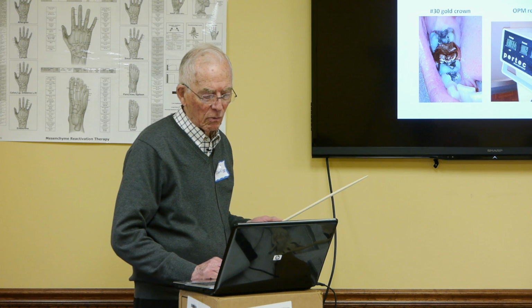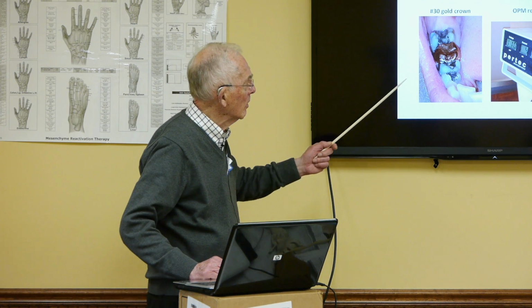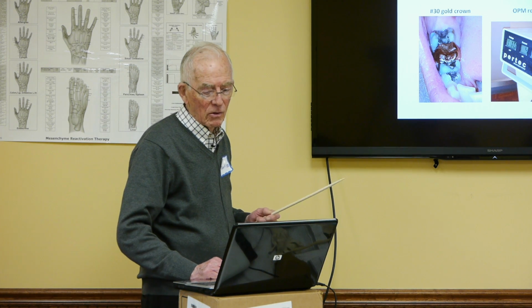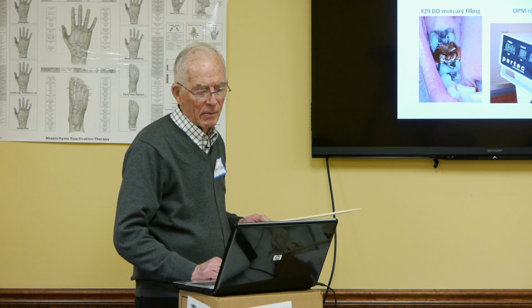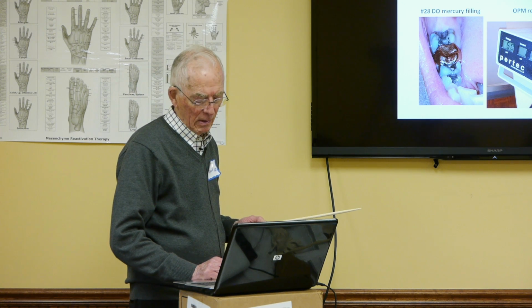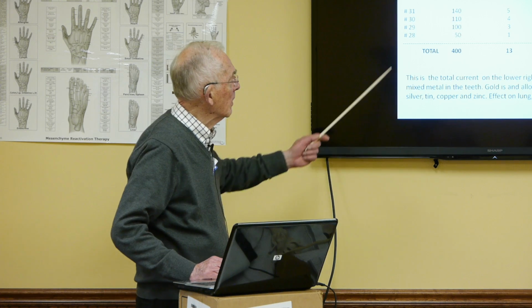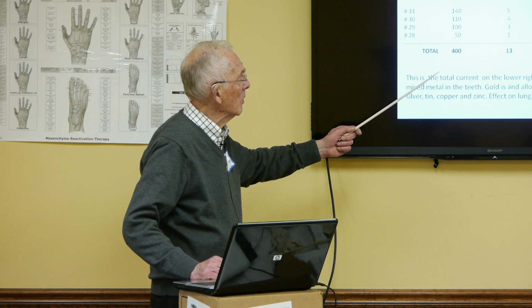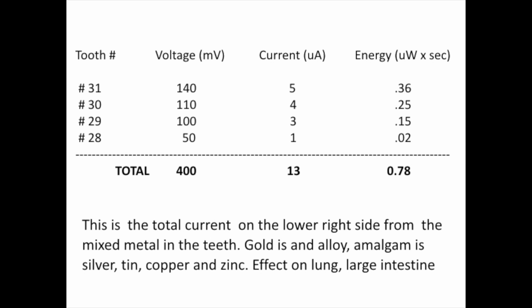One of the reasons why we have cavitations, here's checking the teeth as we go across from back to the front. Each one has a little different reading. When we added those all up, we had a huge amount of current in there. This is the way we do that. We add up the voltage and the amperage, and that's what they were putting up with in the mouth, causing health problems.